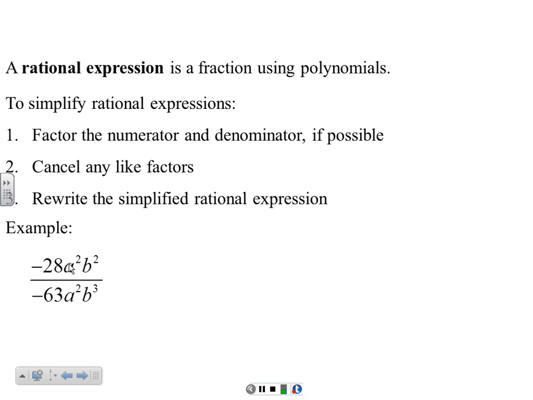So if you have a monomial divided by a monomial, such as this one, you're just going to start canceling things out. We learned in the previous chapter that you can divide like factors with like bases. For this one, you know that your two negatives would cancel out, and so that would go to plus.